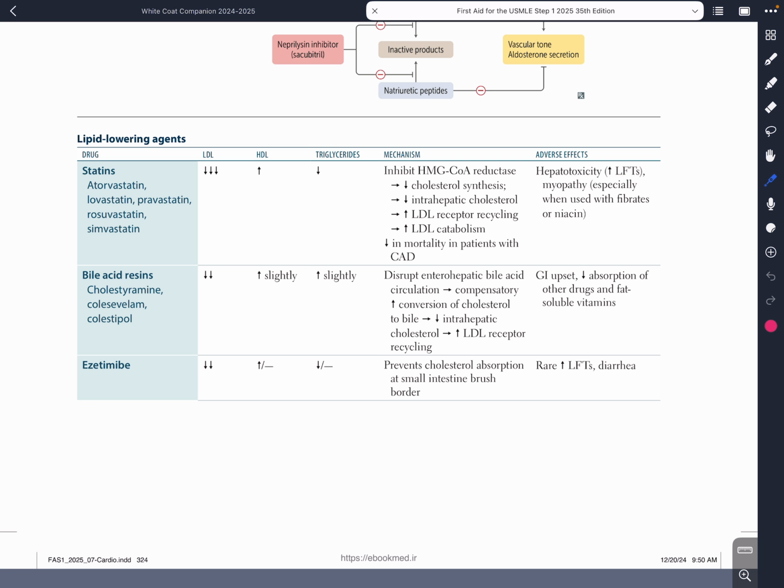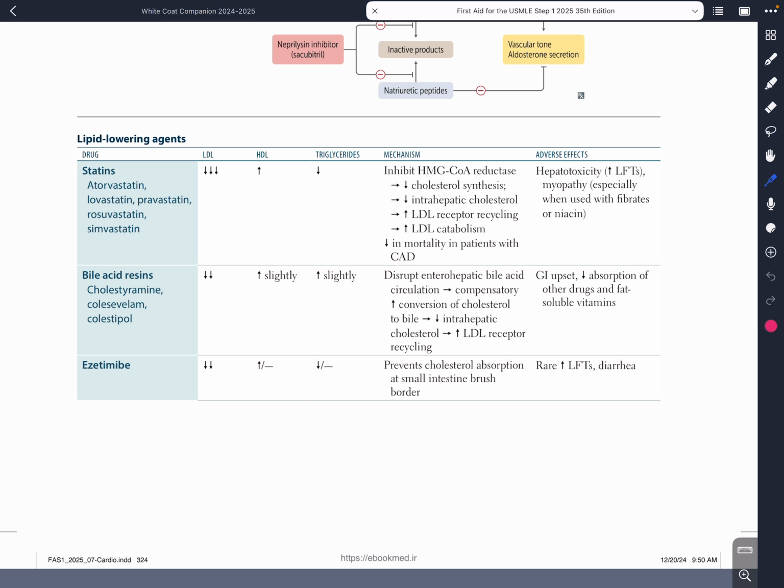In a clinical vignette, they would say that creatine kinase, CK, is increased. This means that the patient is experiencing myopathy secondary to medication, though creatine kinase can also increase with excessive exercise. Myopathy is mostly seen when statins are given in combination with fibrates or niacin.